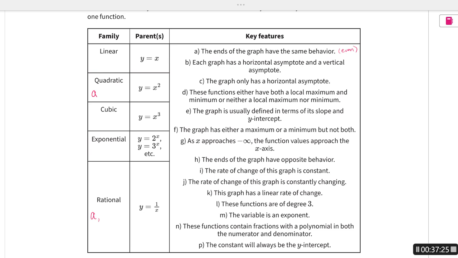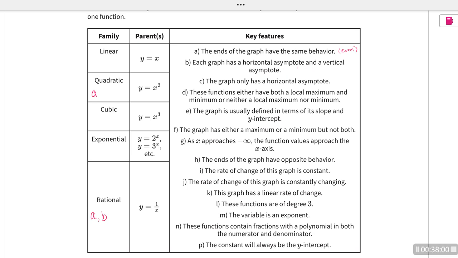Well, linear equations don't have either. Neither does quadratic or cubic. Exponentials have horizontal asymptotes, but they don't have vertical asymptotes. So this would only be true about rational. Now, with a sort of note that a rational function can look linear with a hole.